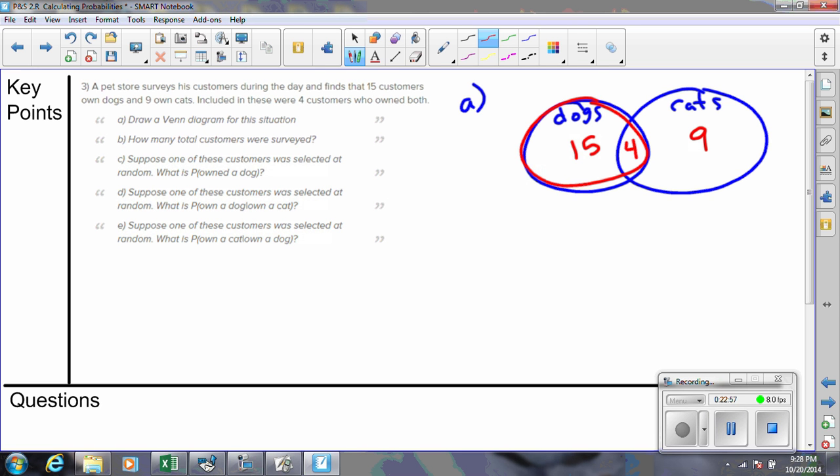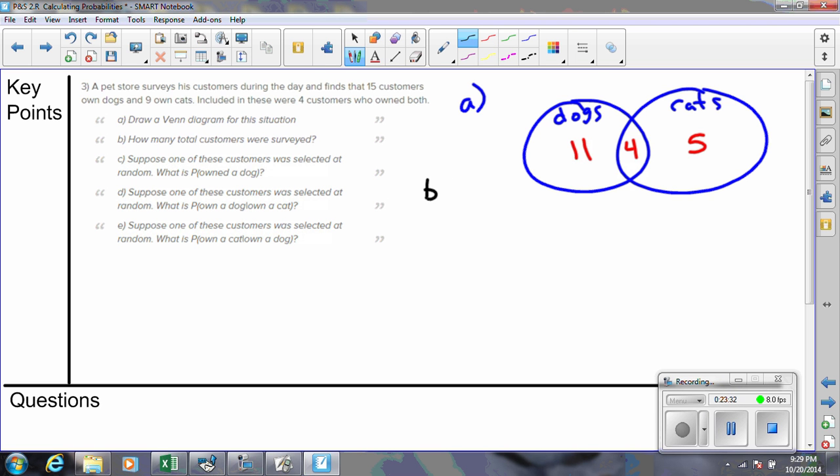The whole circle has to add up to 15, so we're going to have to back this part off. 15 subtract the 4 is 11. And we likewise encounter the same problem with cats. Cats has to be a total circle of 9, but we've got 13. Well, we will have to subtract off the doubled up portion to get just 5, and there we go, we're done.